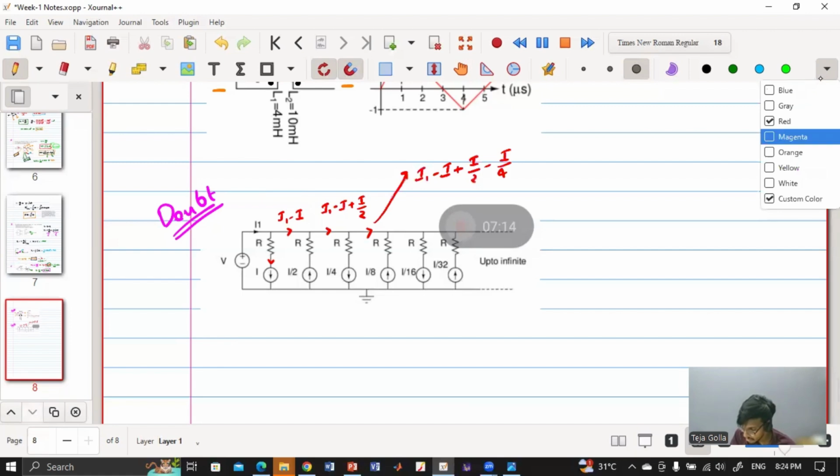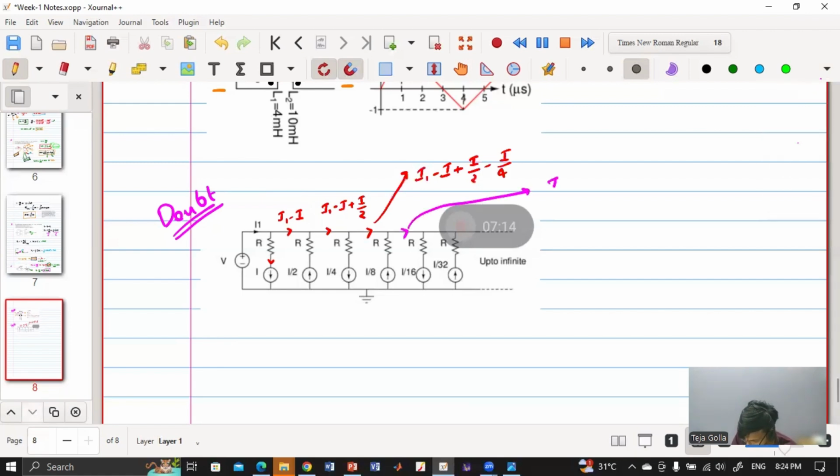What will be the current in this? I1 minus I plus I by 2 minus I by 4 plus I by 8. Now I will take this subsequently.